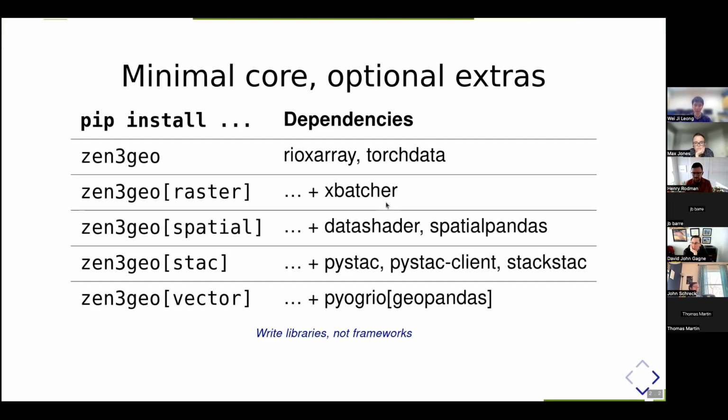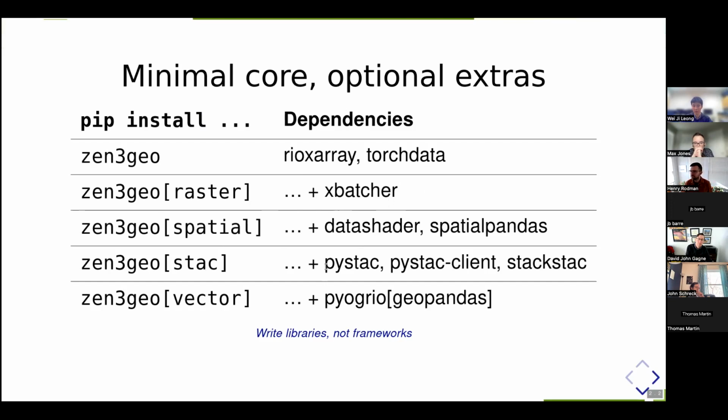And if you want anything extra, say you want to slice raster datasets into chips, you can pull in xbatcher. If you want to convert, say, vector geometries into raster grids, you can use things like datashader by pulling in the spatial extras.